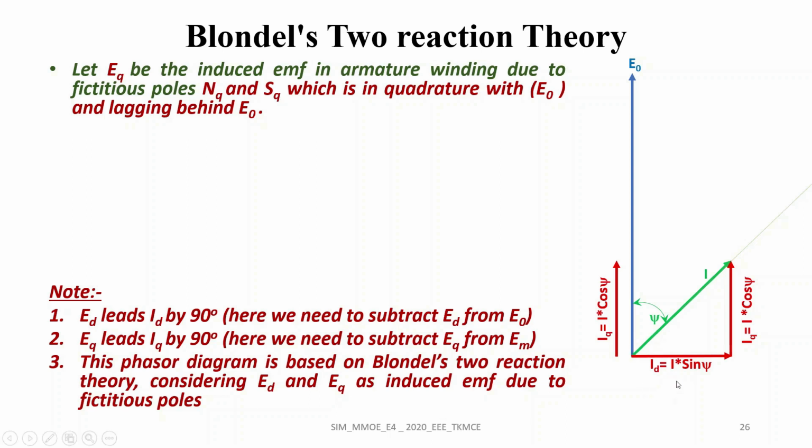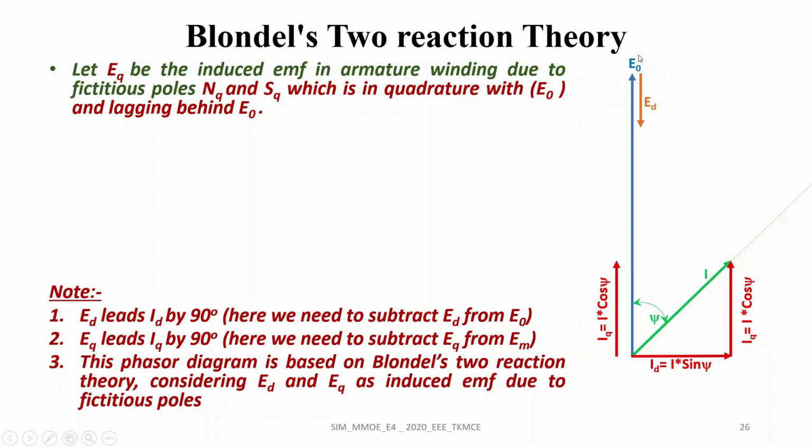And according to this theory, this demagnetization MMF is assumed to be generated by means of fictitious poles ND and SD. Due to demagnetization, the induced EMF ED, that is the voltage drop due to armature reaction along direct axis, ED is leading ID by 90 degree.